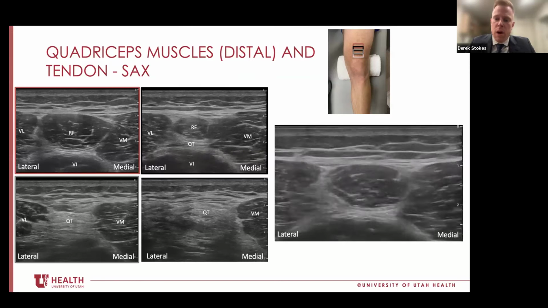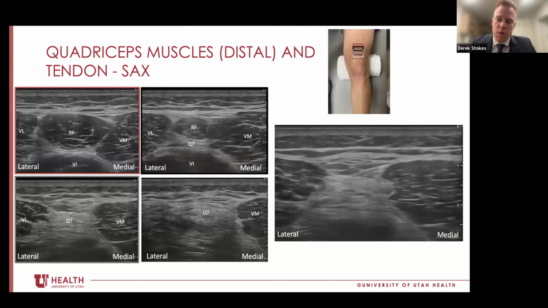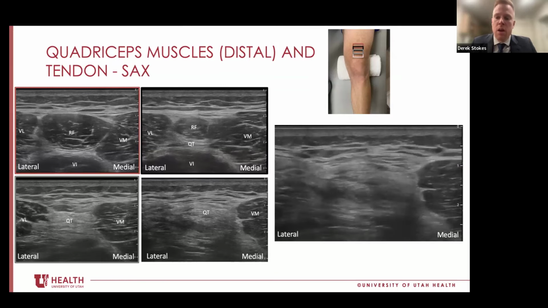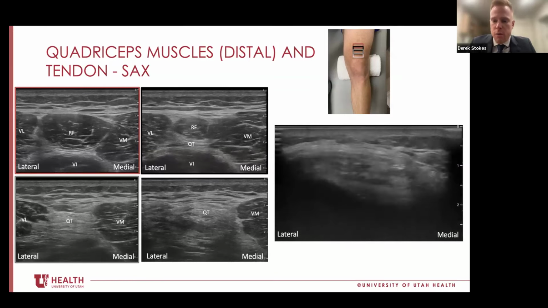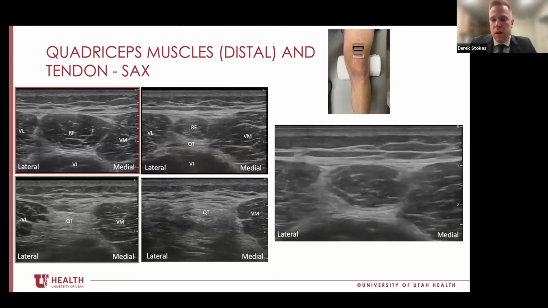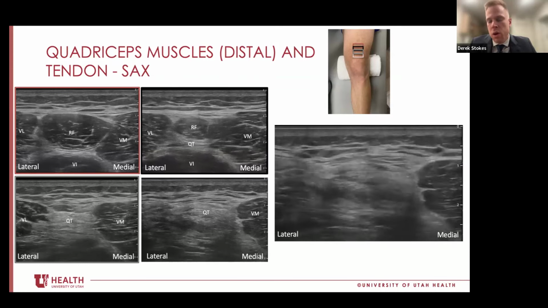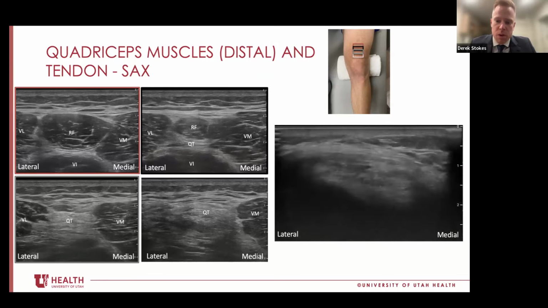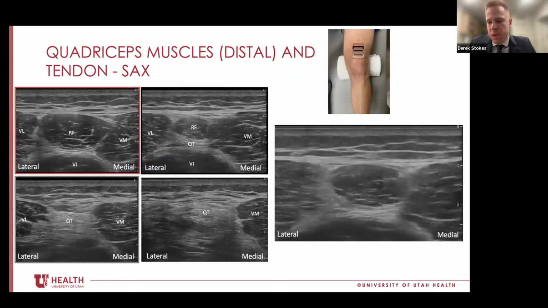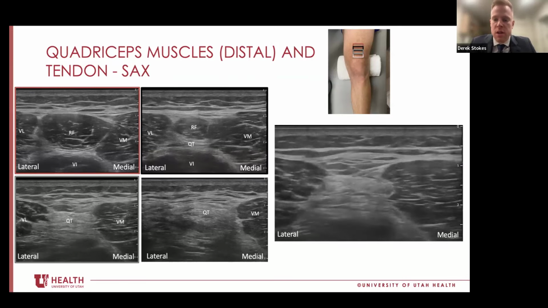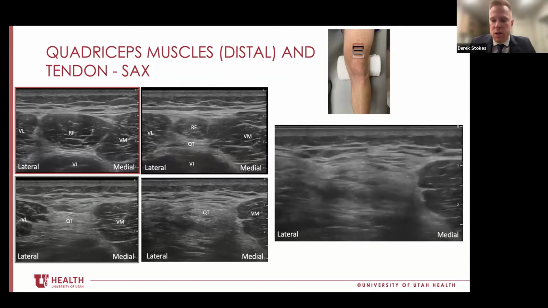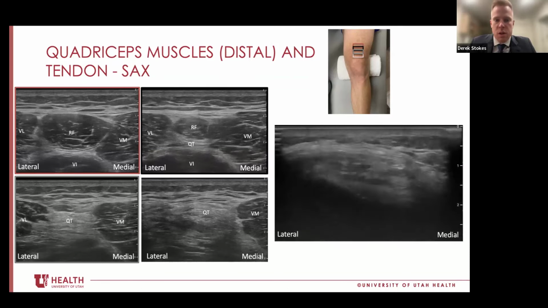In the video on the right, we'll watch this transition occur from a proximal to a distal scan, watching the tendon form and then watching the tendon also insert onto the patella itself. We don't see any abnormalities for this muscle to tendinous transition, nor any obvious concerning abnormalities on the insertion. Therefore, we call the quadriceps tendon normal.